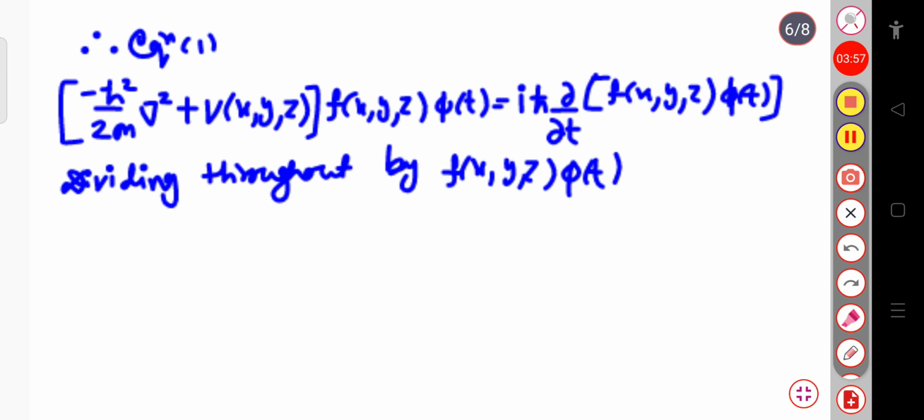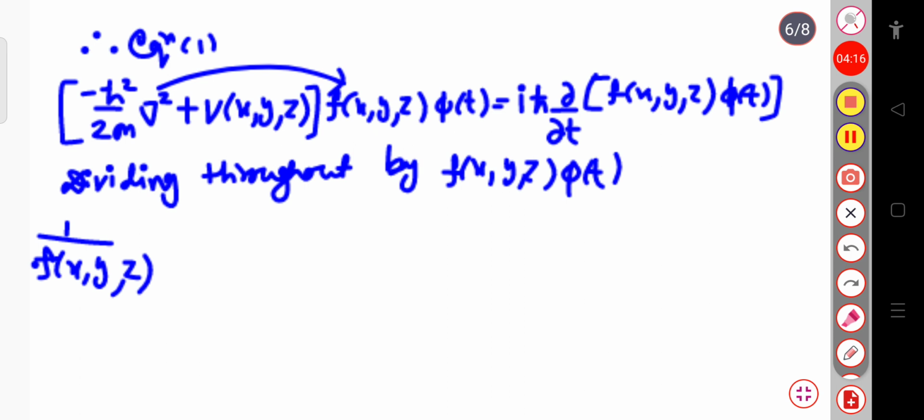If I divide by f of xyz and phi of t, then phi of t gets cancelled. So I can write 1 by f of xyz, because this f of xyz cannot be cancelled, since del squared will operate on this function f of xyz only, and phi of t is constant.